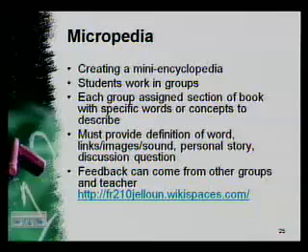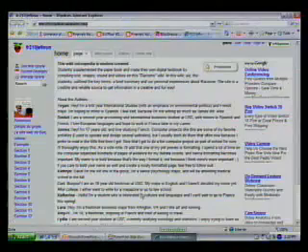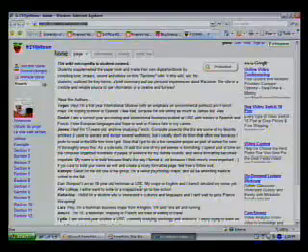And I'm doing this project this semester in an intermediate French class, and the students have been reading a book on racism. Essentially what I have them doing is working in groups, so they're working in teams as part of their wiki. And I have each group assigned to look at and develop certain words or concepts that are in the book, in chapters.